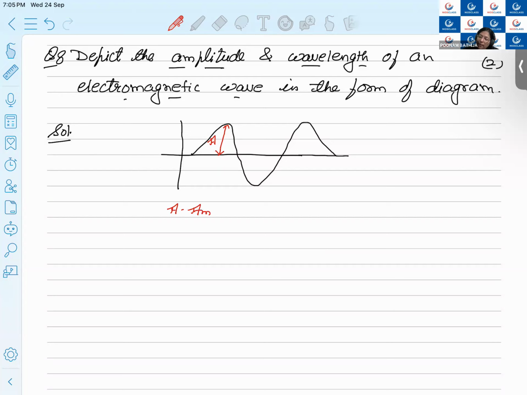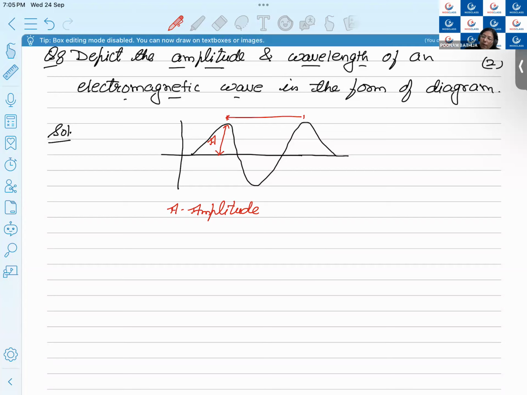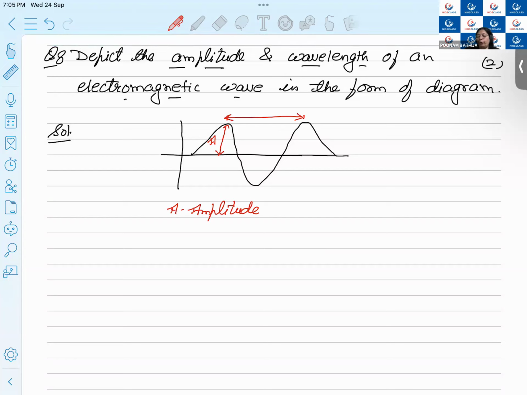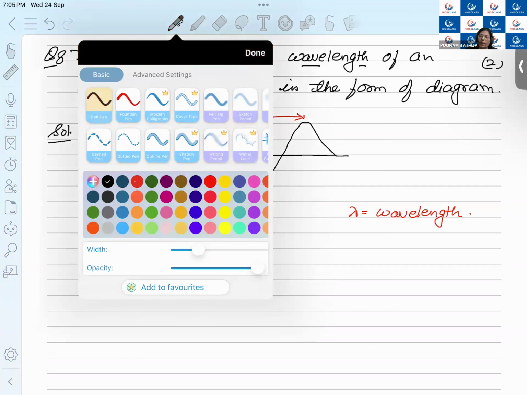That is amplitude. Okay, and the distance between 2 consecutive crests or troughs is known as wavelength. Okay, what is wavelength? Lambda, that is wavelength. So in this manner, you are going to represent it. Am I clear?